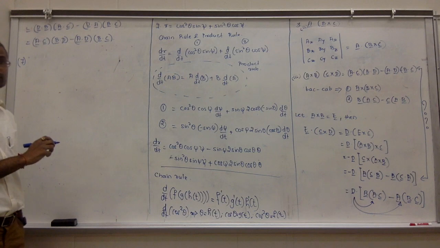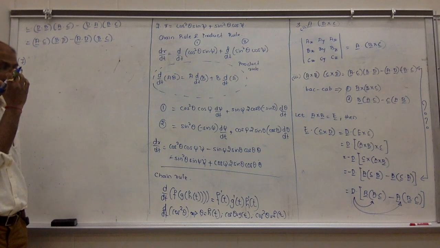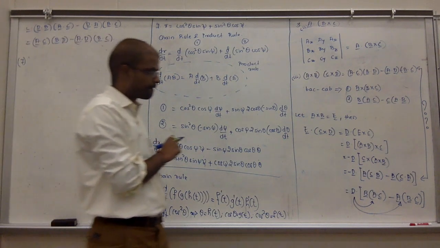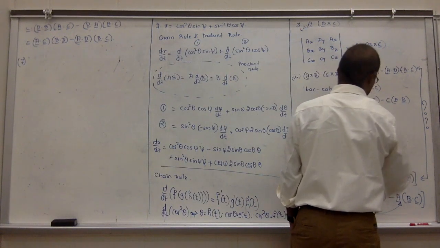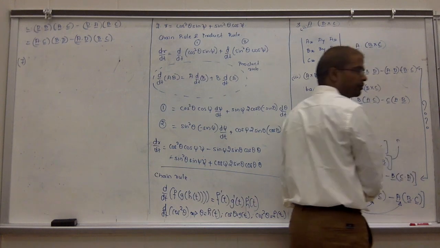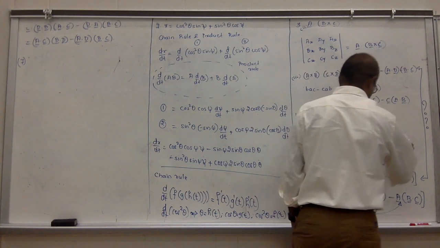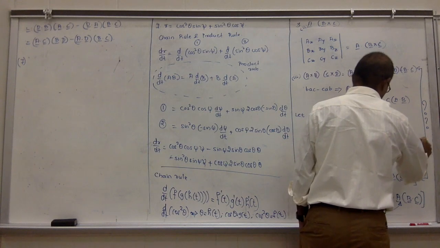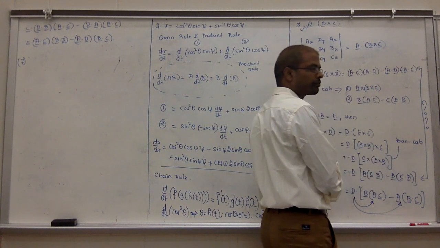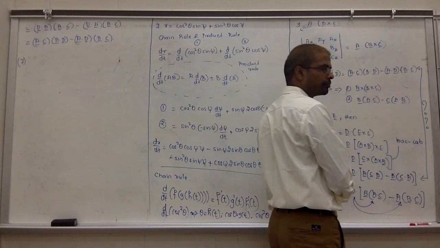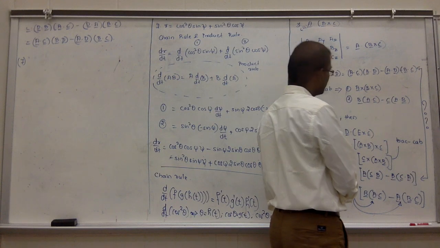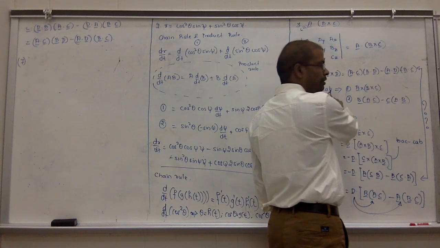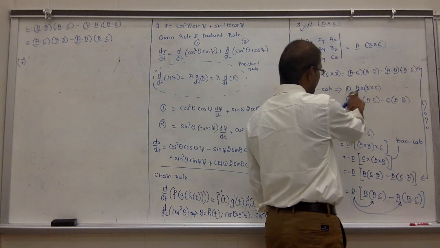Can you explain to me why you went from C cross A cross B to A C I? This is the back minus cap rule. You don't see it? See, the back minus cap rule applies, that's what I told you.